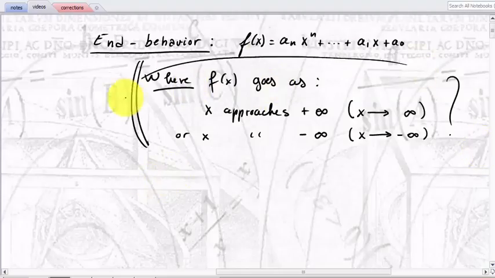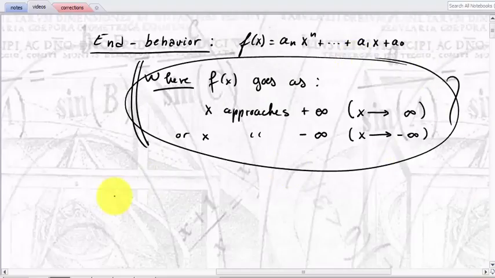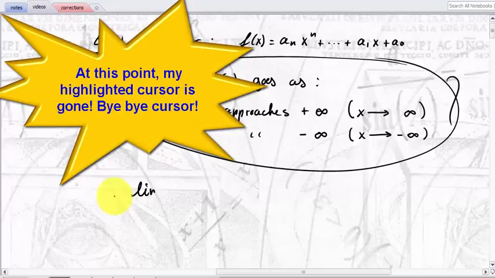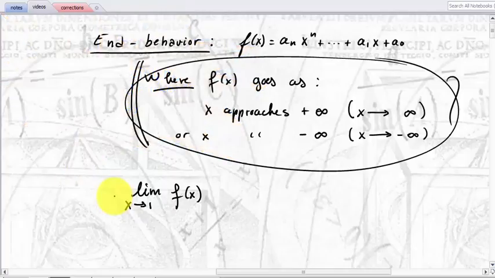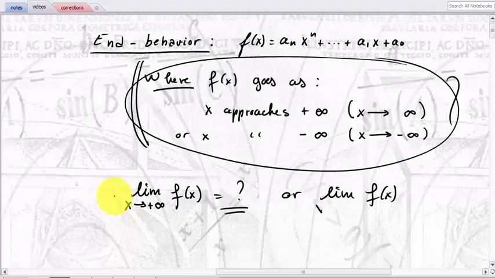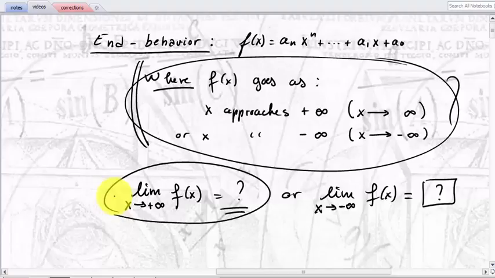So we write the limit of the output f of x as x approaches plus infinity, and here we're going to have to describe where this limit is, what the outputs are. Or the limit of f of x as x approaches negative infinity. And here we will write the results of our investigation. You're going to have to find out if there is a limit, and if there is a limit, what it is.